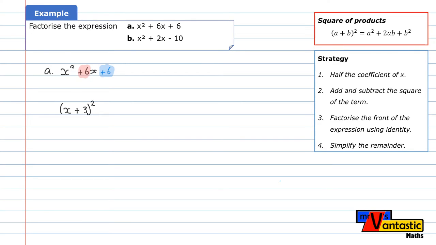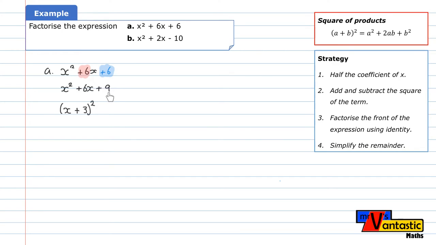That'd be the perfect square solution to this. And if we were to expand it out, we would want x squared, then double 3 is 6x, plus 3 squared, which is 9. That's what we want the expression to be to make this work. But our expression isn't. We have this plus 6. We don't have plus 9.